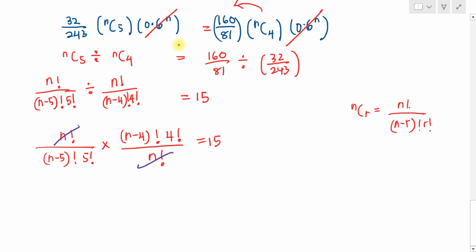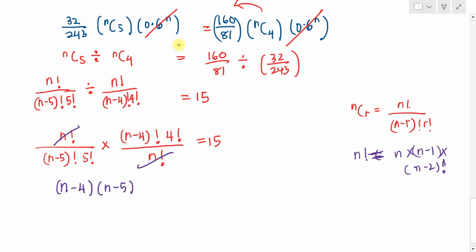And then we try to solve this out. So we have n minus 4 and n minus 5. Remember, factorial is the product of decreasing terms. So n multiply n minus 1 multiply n minus 2 like that. And where you wish to stop, you can put factorial. So I want to expand n minus 4 factorial until it equals n minus 5 factorial, then we can cancel. So n minus 4 factorial, if I expand, n minus 4, then n minus 5 factorial.